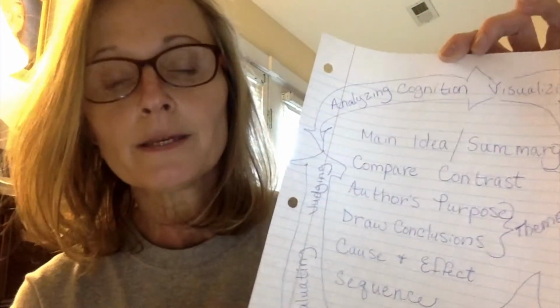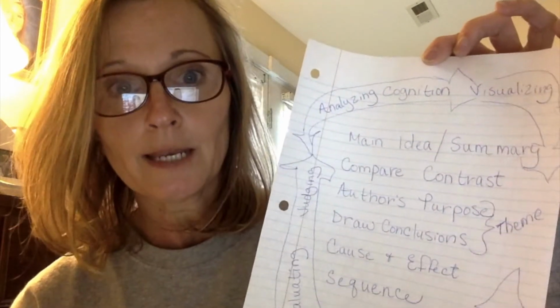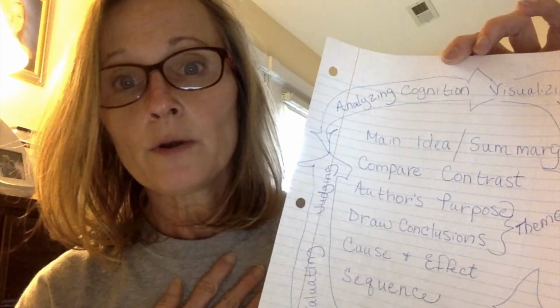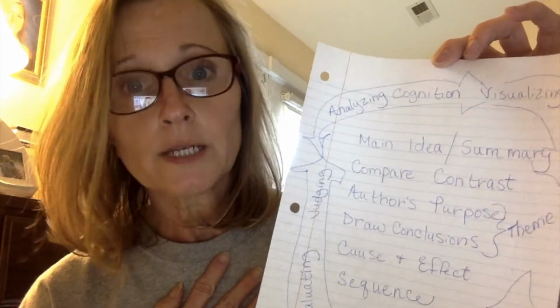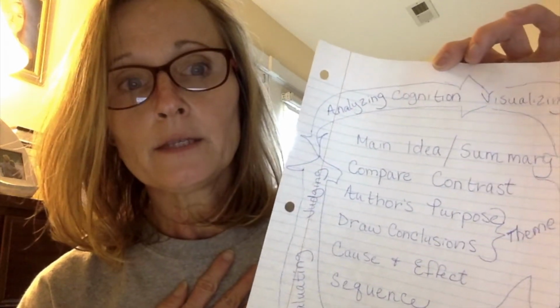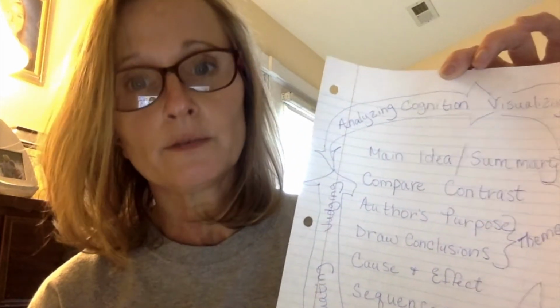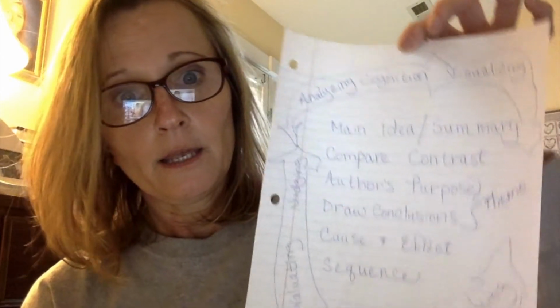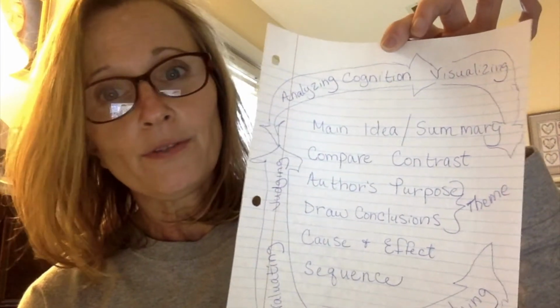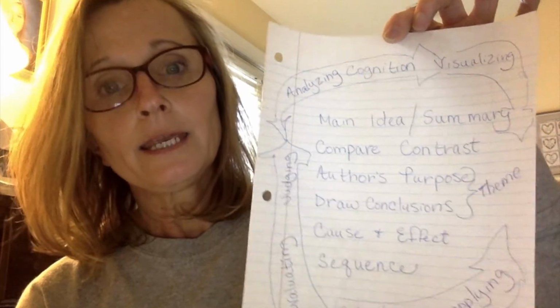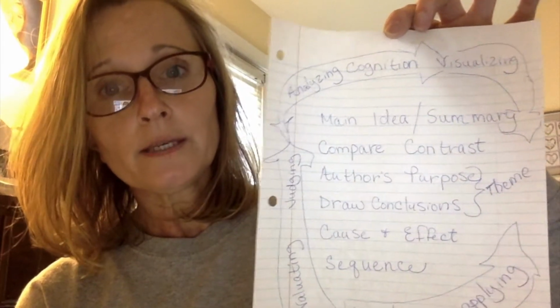We summarize because it generates understanding. It helps us to think. That's why we summarize in math and science and social studies as well, because the process of summarizing and writing is generative to understanding.